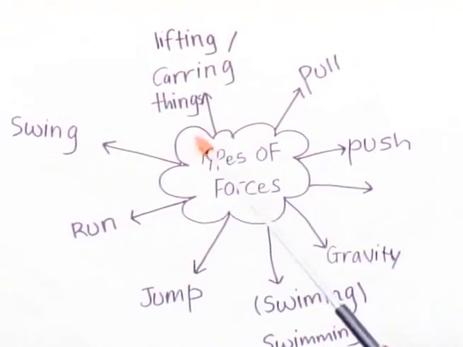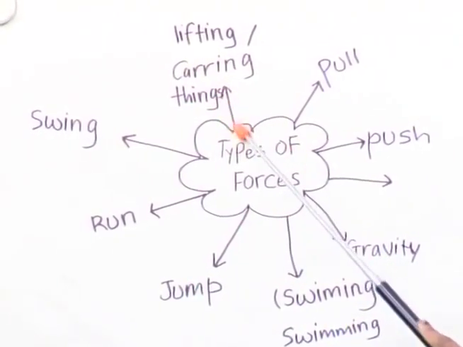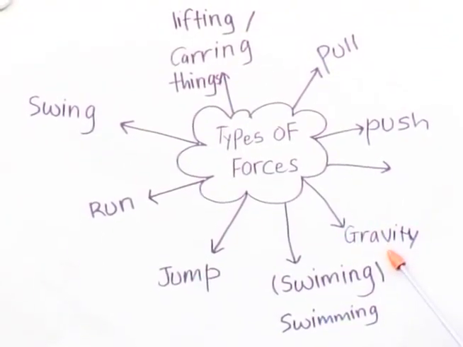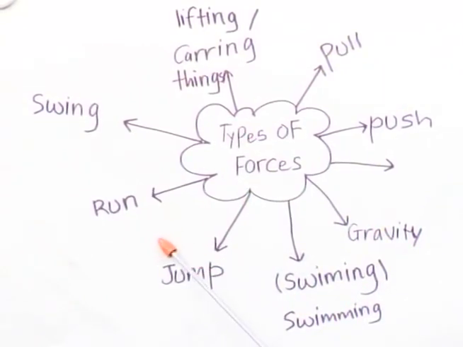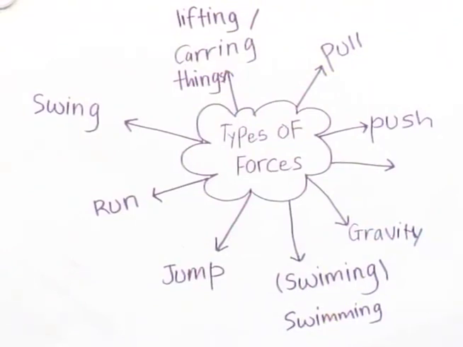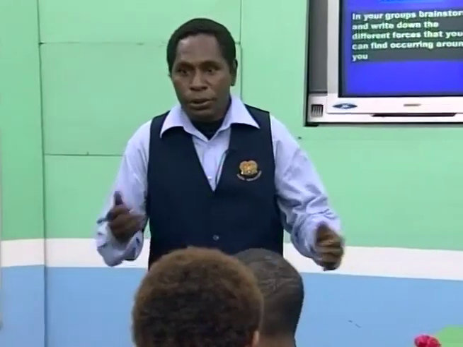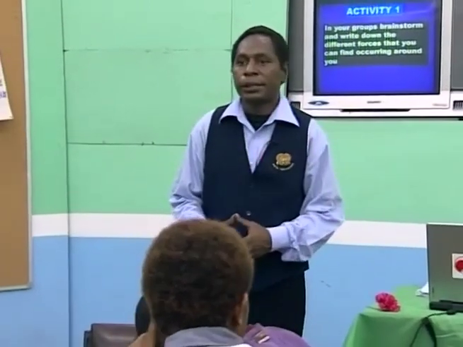Force includes lifting or carrying things, pulling something or pushing, resisting gravity, swimming, jumping, running, and swinging. Very good. That is what activities her group sees occurring around them where force is being used.